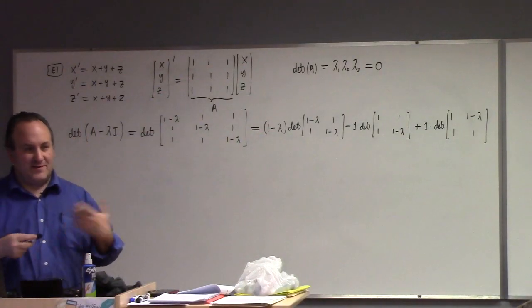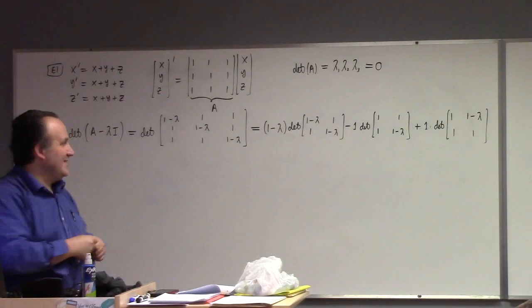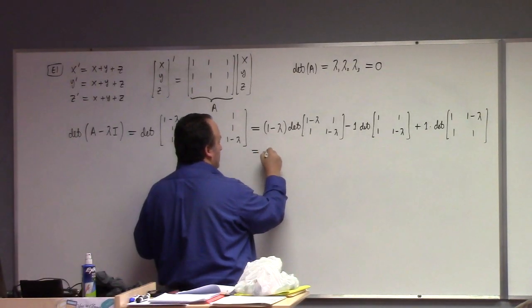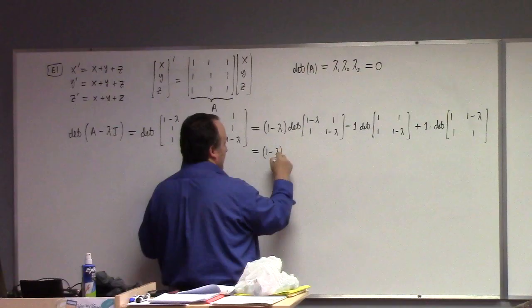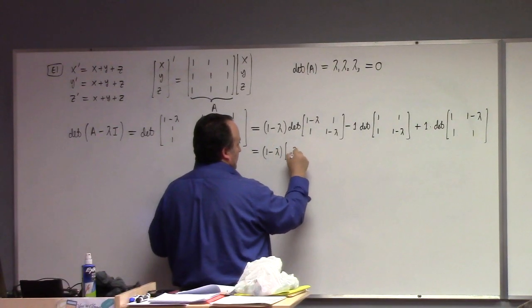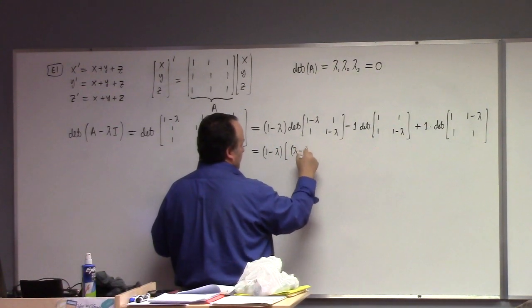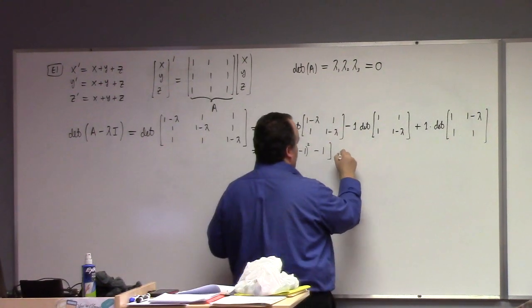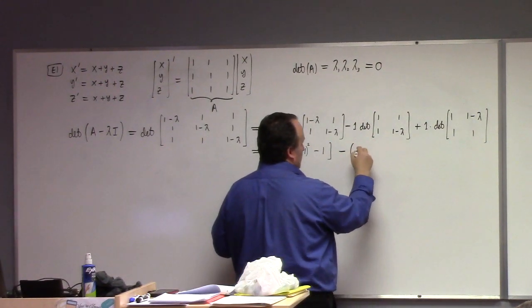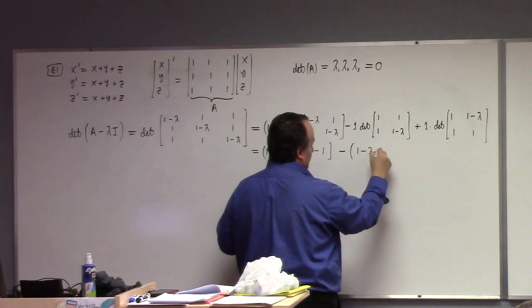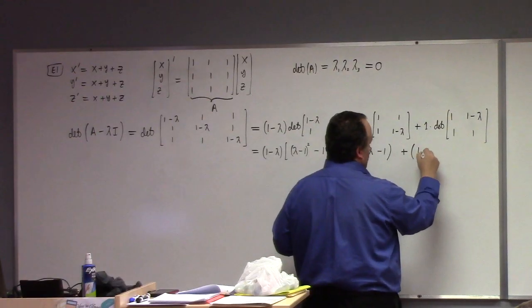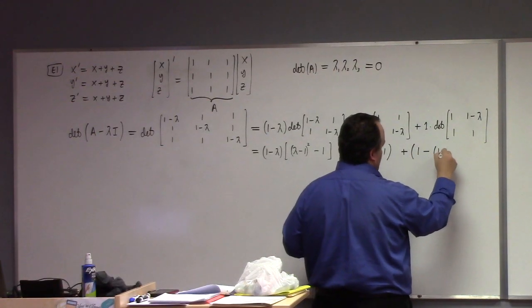But it is somewhat forgiving in terms of copying the pattern down. Now, this first one, we've got 1 minus lambda times parentheses what? Well, I could write that as lambda minus 1 quantity squared minus 1. And then I have minus parentheses 1 minus lambda minus 1 plus parentheses 1 minus parentheses 1 minus lambda.